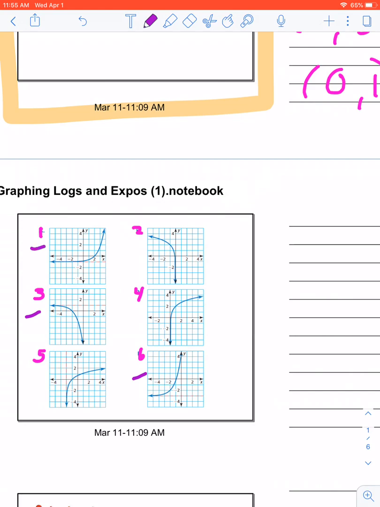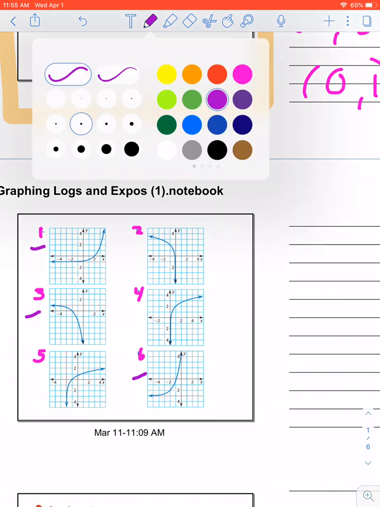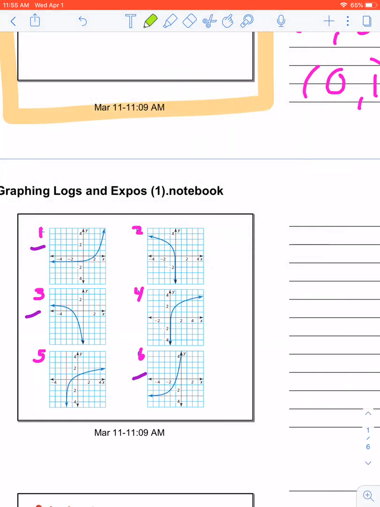So those must be exponentials, because horizontal asymptotes go with exponentials. I then look at the graphs and ask, which one has a vertical asymptote? Well, 2 has a vertical asymptote, and I can tell it's right down there where x equals 0. 4 has a vertical asymptote, okay? And 5, you can see in the picture, has a vertical asymptote.